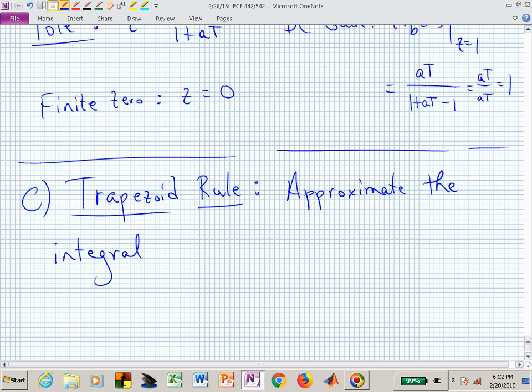We want to actually connect the dots. Now we want to connect the two heights and form a trapezoid so that if x of t has some movement between there, we're going to approximate it with a straight line. Instead of a 0 order, we now have a first order. So approximate the integral by a trapezoid.